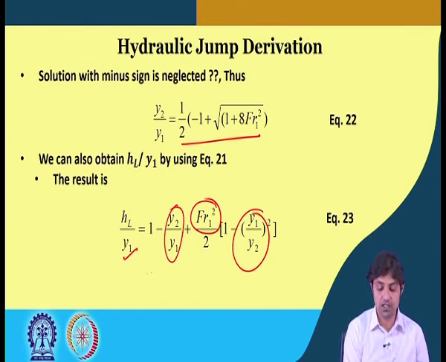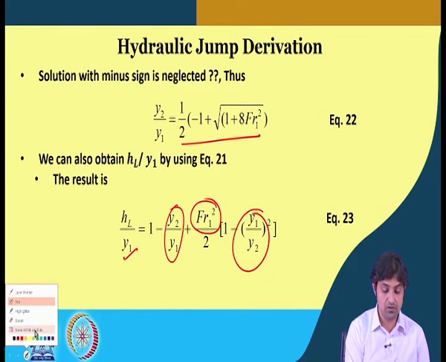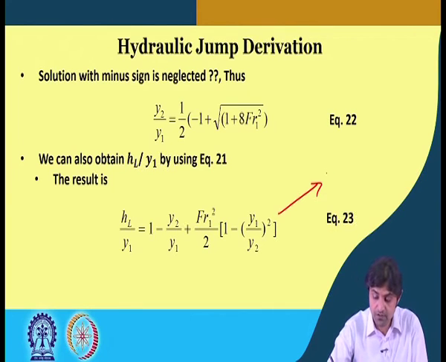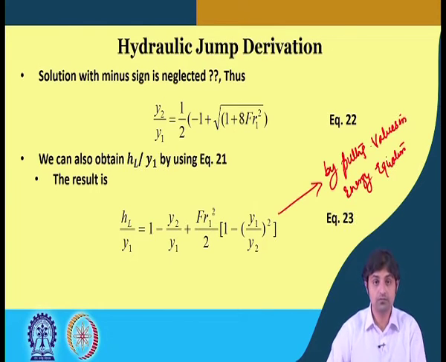We have already found y2 and y1. So, head loss can be calculated using this formula, and this formula has been derived by putting values in the energy equation. Okay.